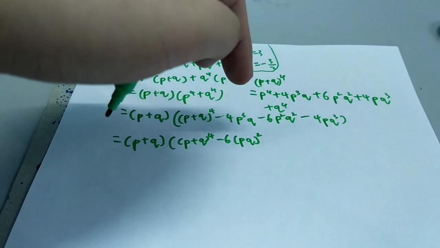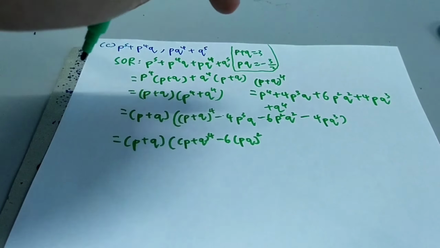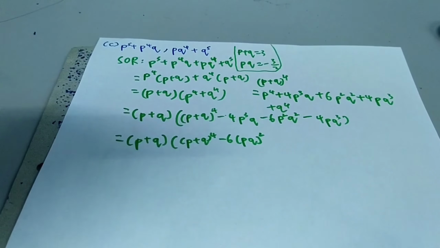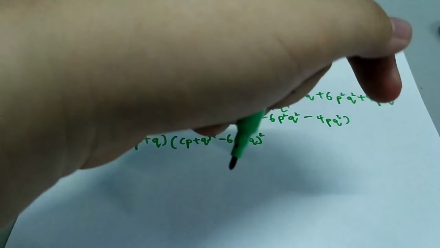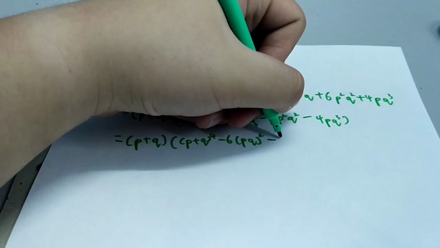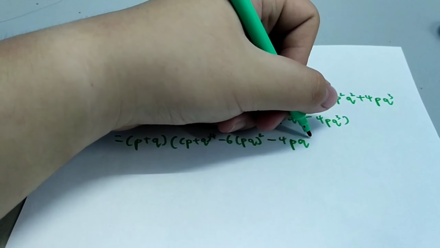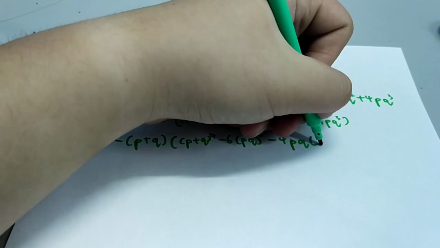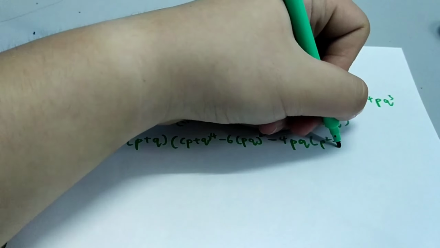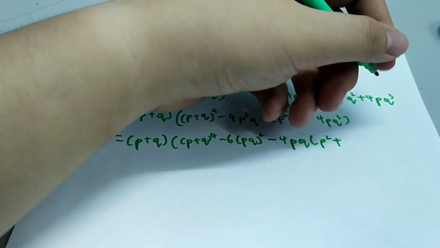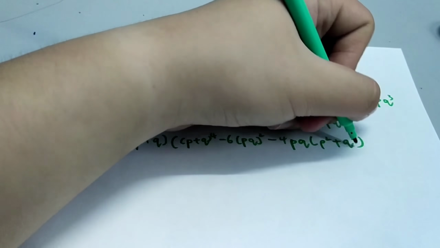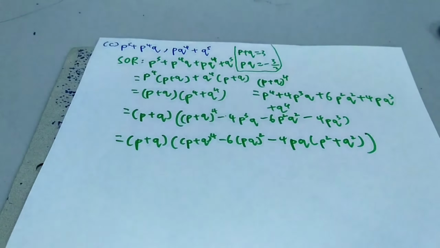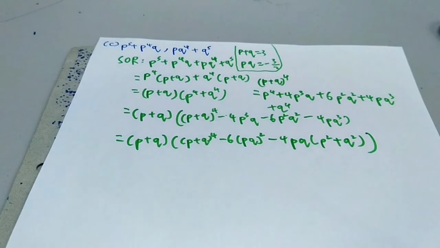These two terms, you can factorize the negative, the 4, the p, and also the q. So minus 4pq, and what is the remaining term? It is p squared plus, when you factorize pq, q squared. And then p squared plus q squared, you still get the result that you already have in the previous video.